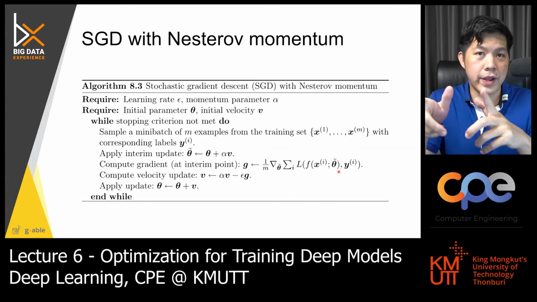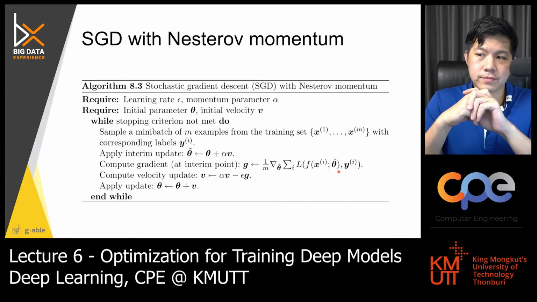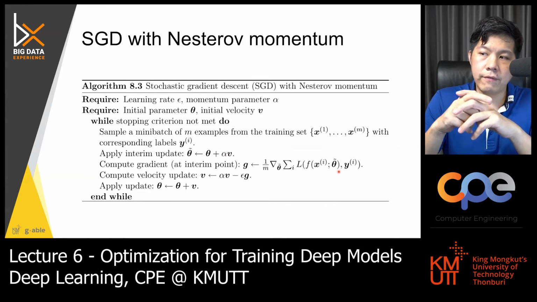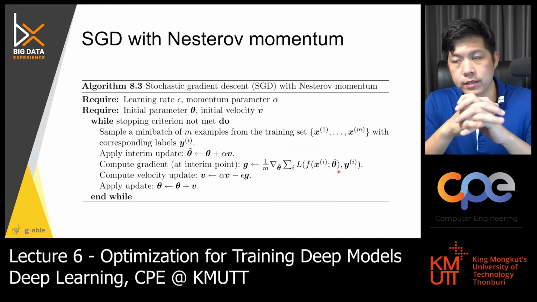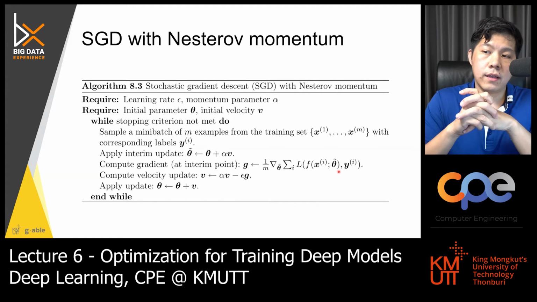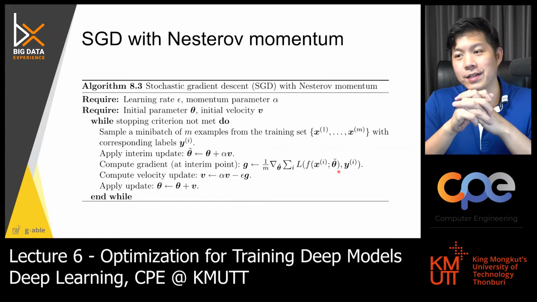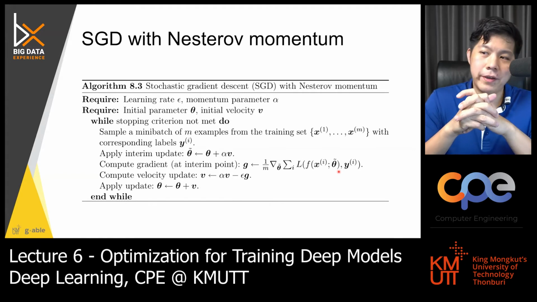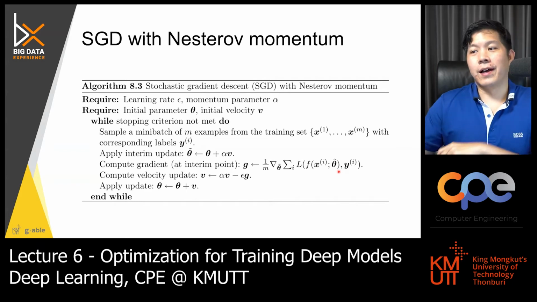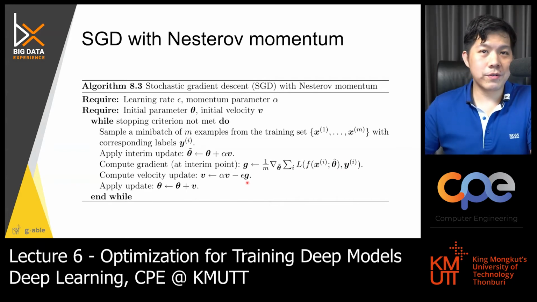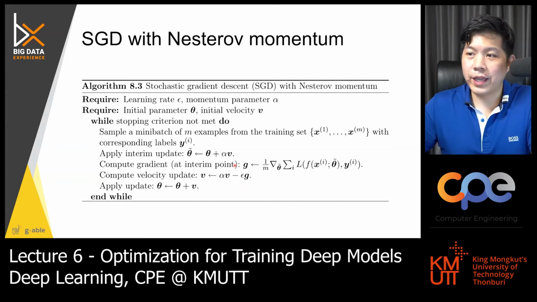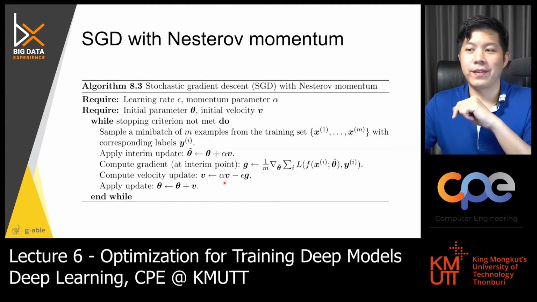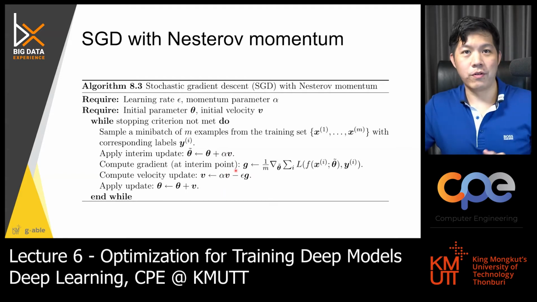After we get the gradient, we will know whether we should keep going or not. If the gradient still goes forward, we can add it to the old gradient. That means we should go further, still in that direction.